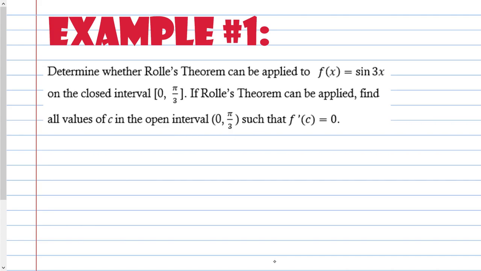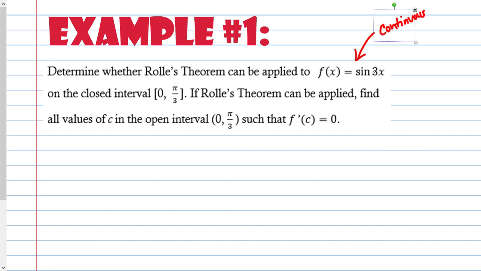Okay, first of all, take note. This is a trigonometric function, and because it is a trigonometric function, sine and cosine, they are always continuous.